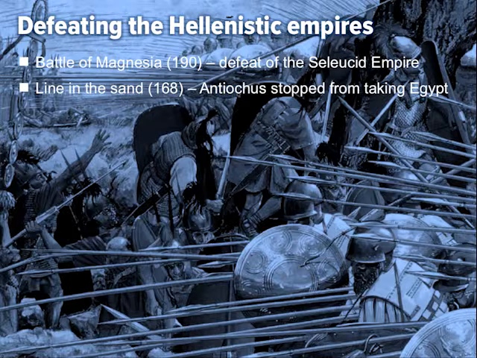And then the leader of the Roman delegation, standing there in his toga, stands before this king in all of his armor, standing at the head of all of his troops, and draws a line in the sand around Antiochus and says, if you step beyond this line, you will become the enemy of the Romans, and the Romans will destroy you.